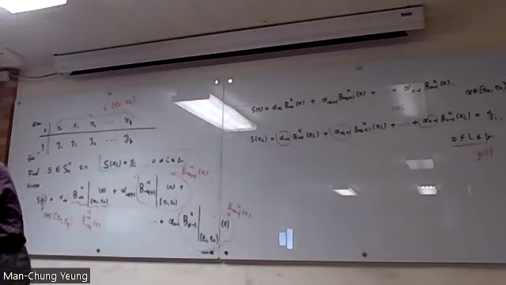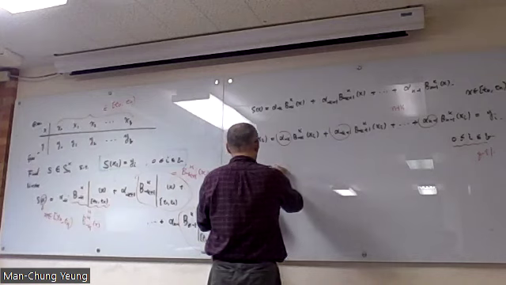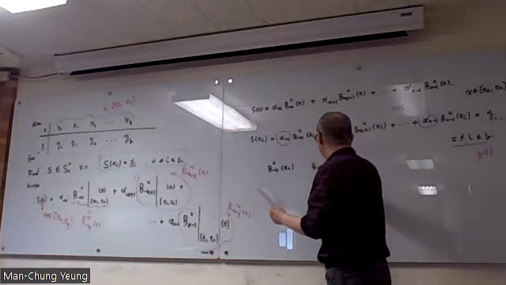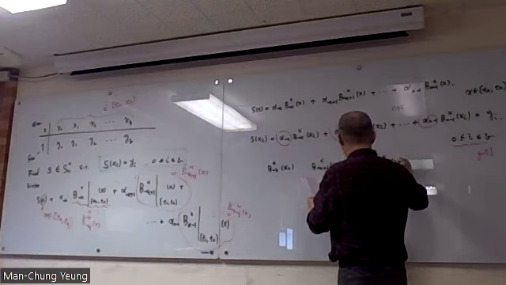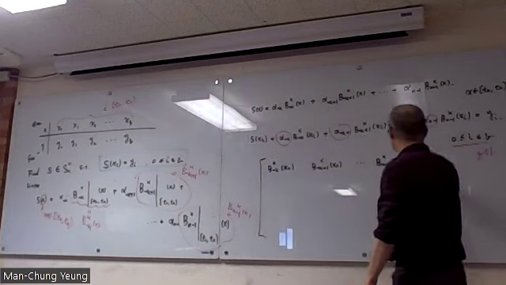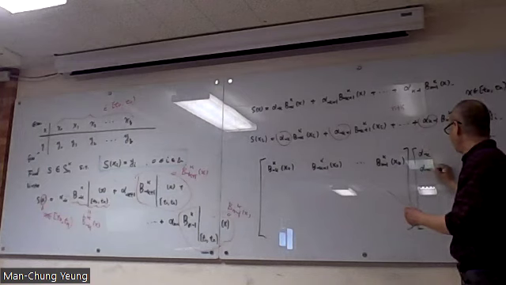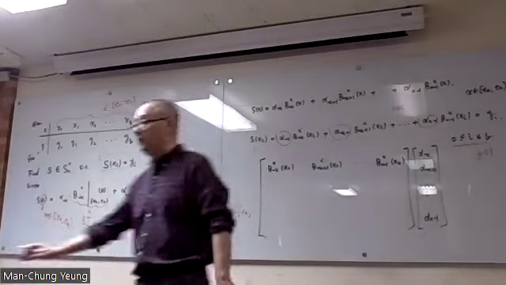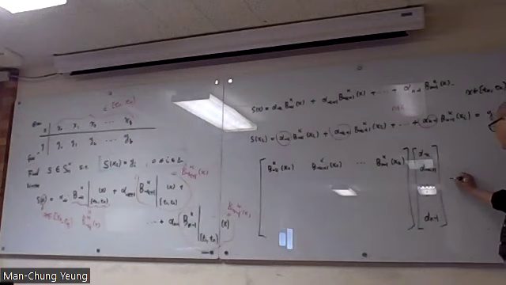If I write it in matrix form, then I have B_{-k,k}(x_0), the first row, B_{-k+1,k}(x_0), up to B_{n-1,k}(x_0). This is the coefficient matrix, first row, first equation, then the unknowns alpha_{-k}, alpha_{-k+1}, up to alpha_{n-1}. The right hand side is the y values: y_0, y_1, up to y_q.